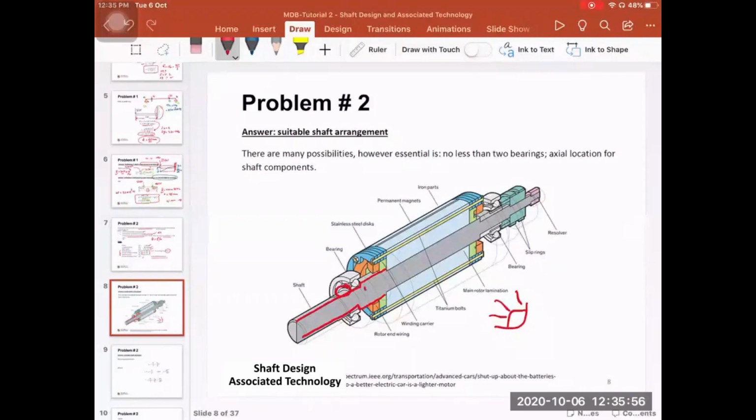So this shoulder here prevents the bearing from moving in this direction, and the snap ring prevents the bearing from moving in this direction. So you just sketch this somehow. It doesn't have to be perfect, but it's for you to understand that the shaft has to be stepped, and then there should be some sort of shoulders and other means to locate components.